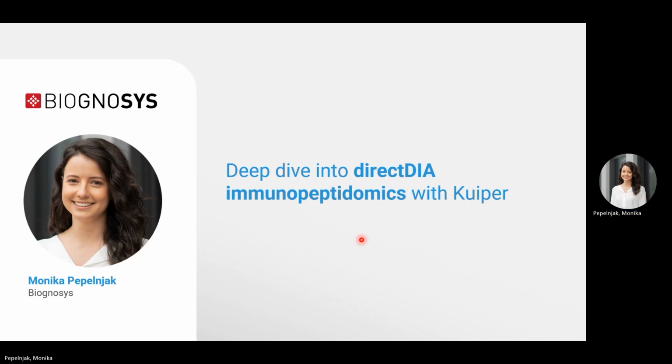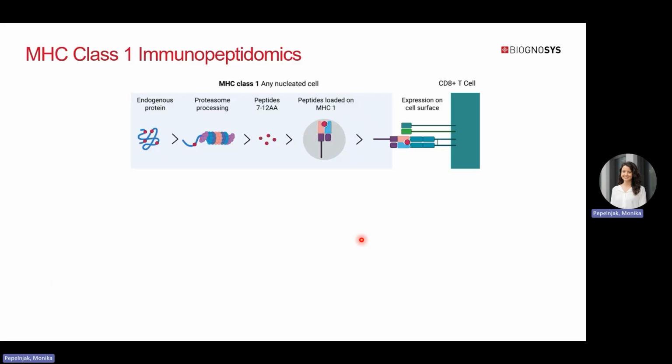To start with, in immunopeptidomics, the peptides are produced within the cells by endogenous digestion of proteins by the proteasome. The proteasome creates short peptides that are then loaded onto MHC class 1 molecules, which are then presented on the surface of the cells. These peptides are then directly isolated and measured with mass spectrometry.